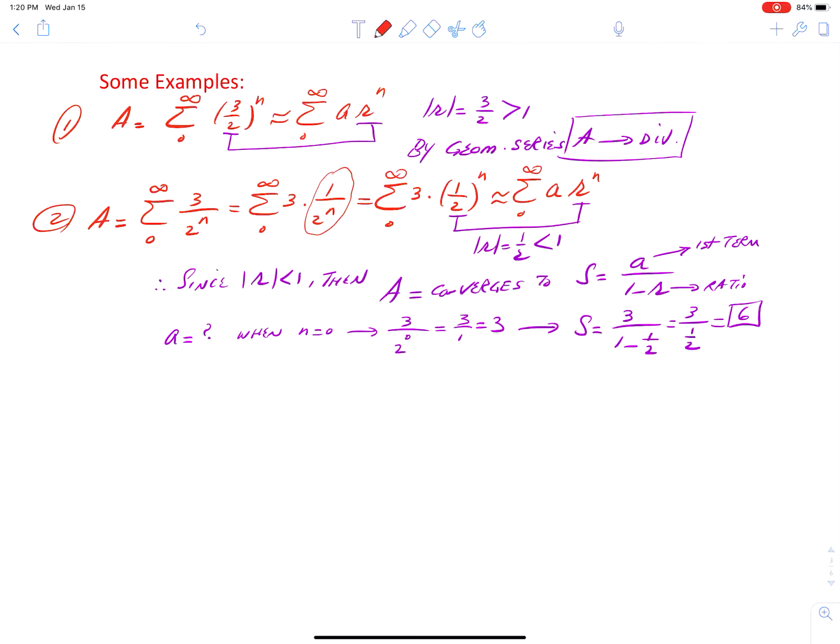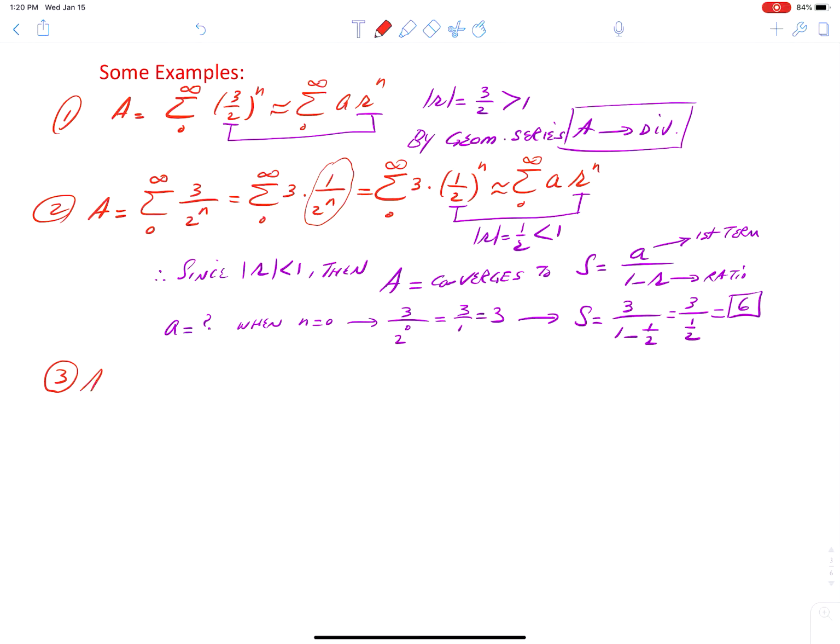Again, I'm trying to make them a little more abstract so we can get an idea of what we need to do mathematically to manipulate the formula. Here's one: 2 raised to 2n times 3 raised to 1 minus n.